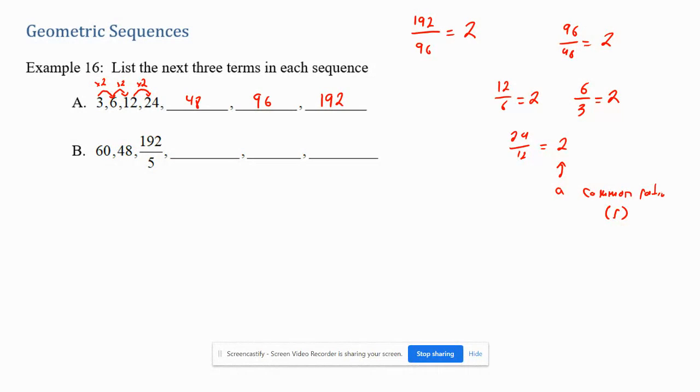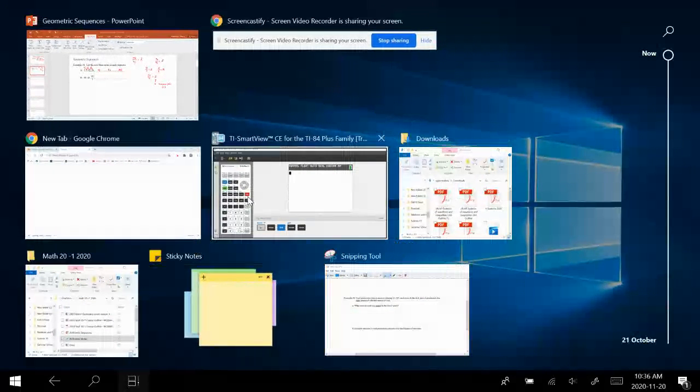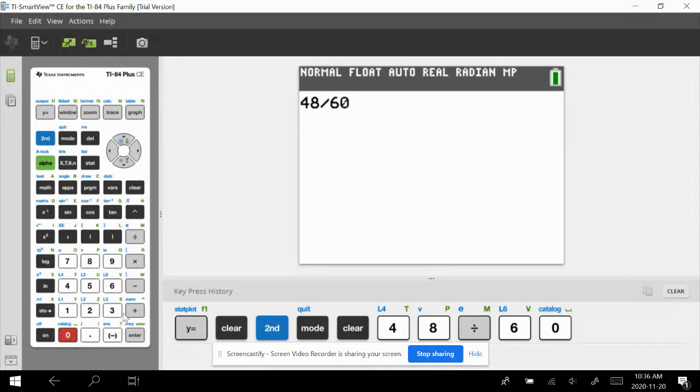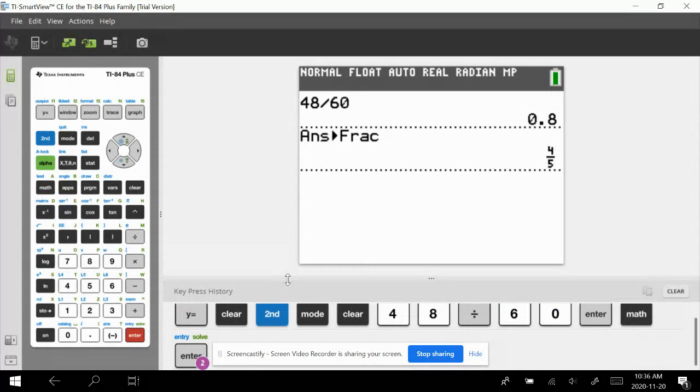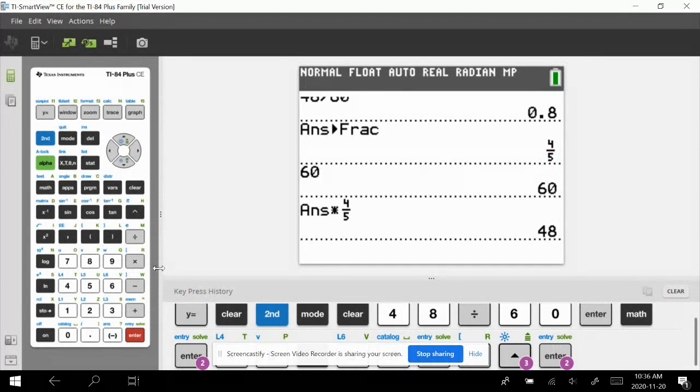Now, if I look at 60, 48, 192/5, this one's definitely more difficult, so I'll show you on my other calculator. If I go 48 divided by 60, I get 0.8, which as a fraction is 4/5. So 60 times 4/5 gives 48.